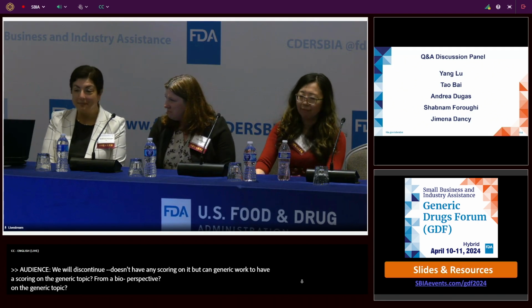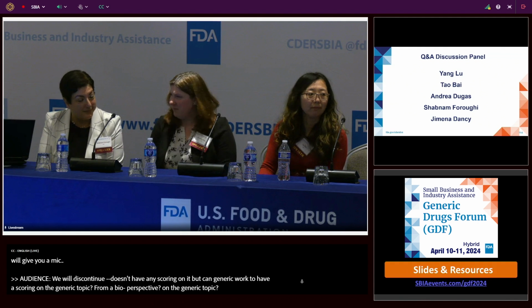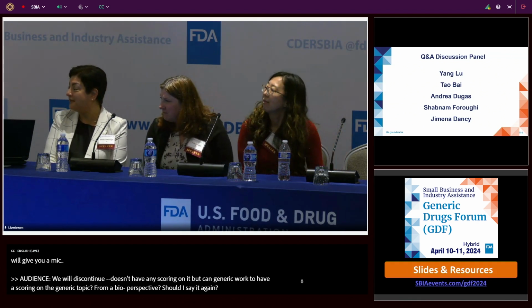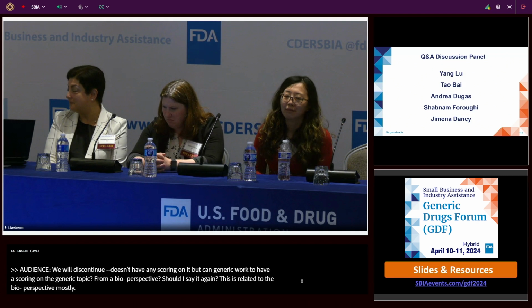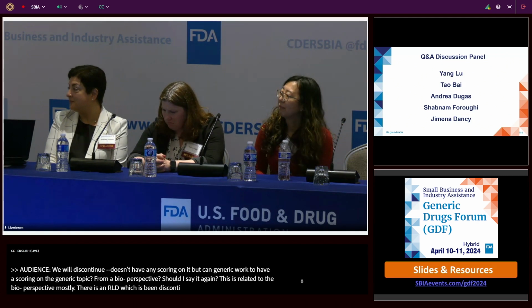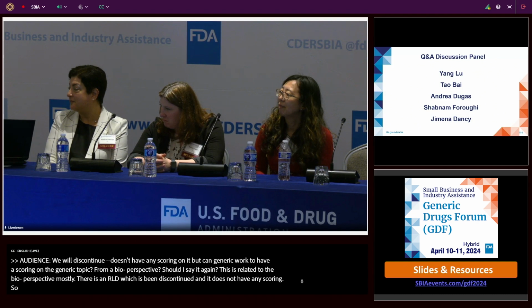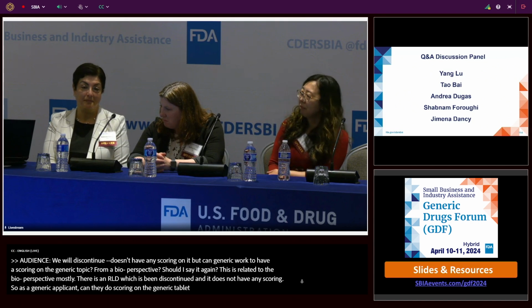This is related to the bio perspective mostly. So there is an RLD which has been discontinued and it does not have any scoring. As a generic applicant, can they do scoring on the generic tablet? And how does FDA take this change?